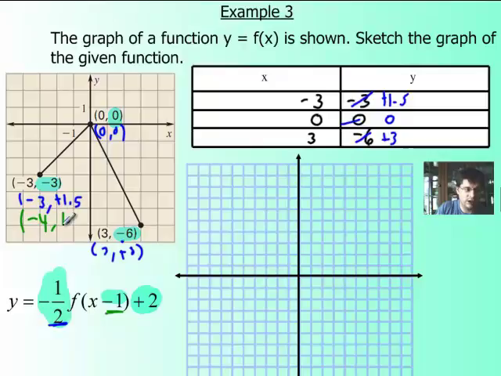So now we're at -4 and then 1.5. Over here I'm going to cross this out and make it -4. And over here I'm going to shift this left one, so this becomes -1 and 0. So this is -1, and this becomes 2. So that's going to be 2, 3.